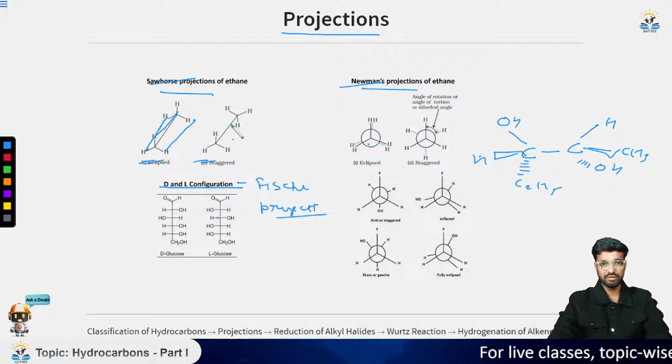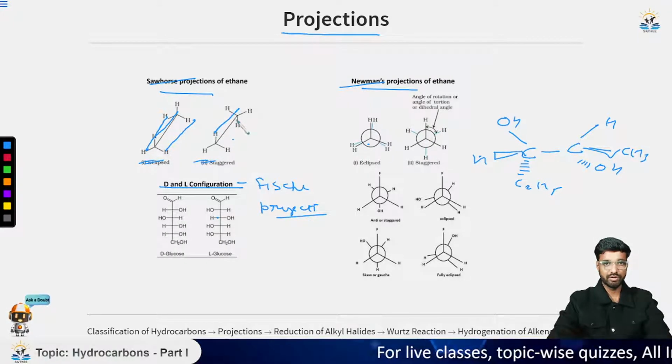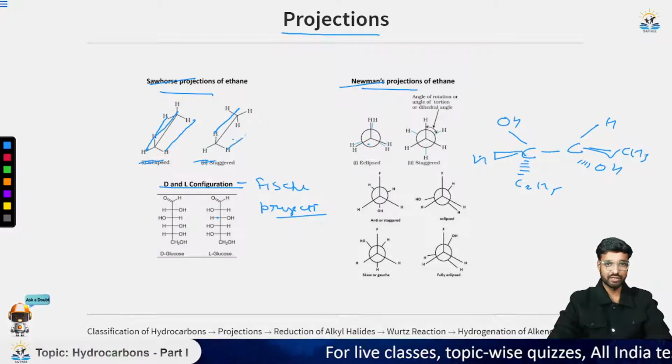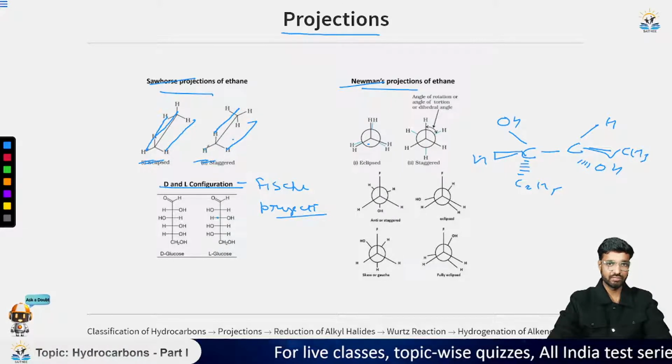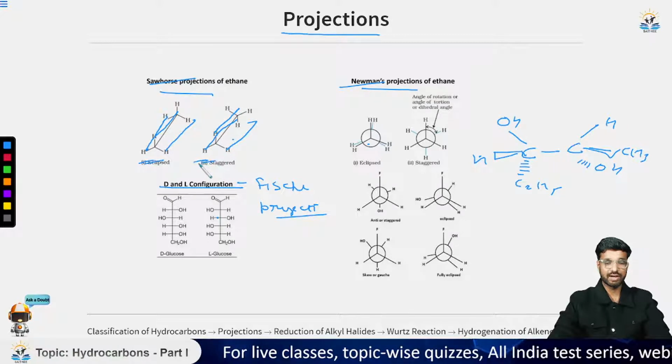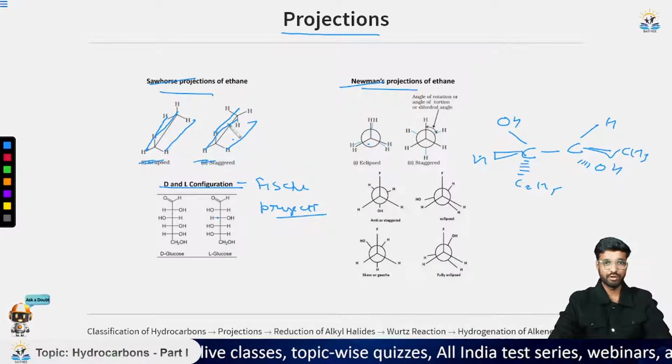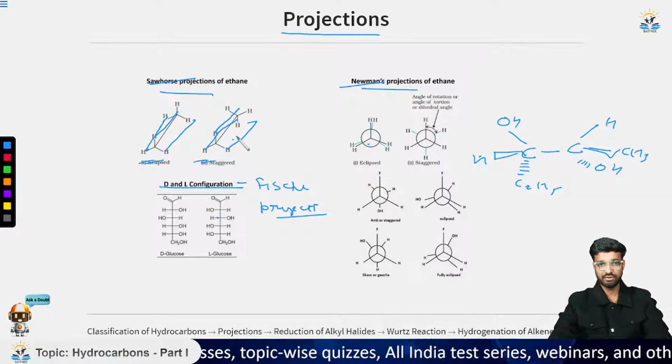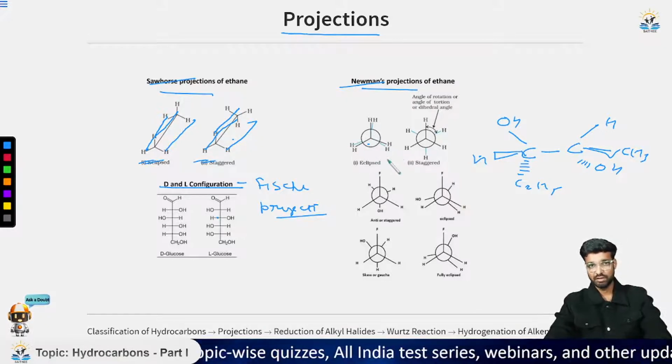But if we see this one, there is no hydrogen present beyond that. Similarly for this hydrogen there is no hydrogen present beyond that. So this is a staggered case, and there is no bond repulsion between the hydrogen and carbon bonds.